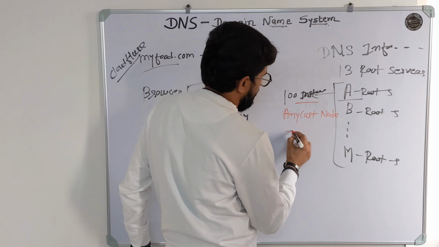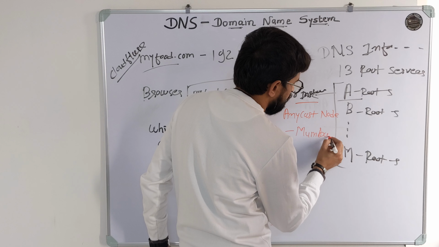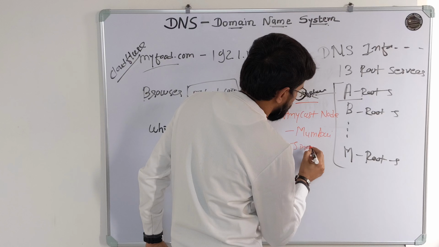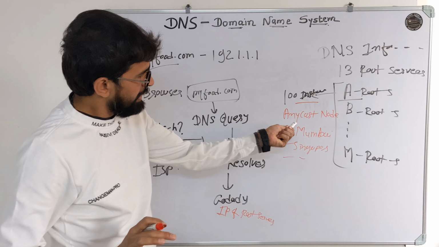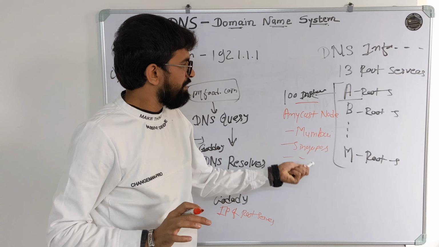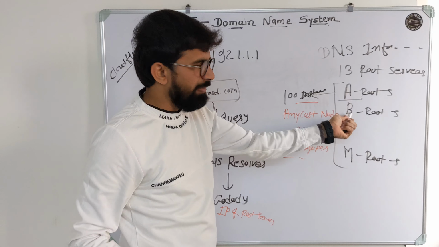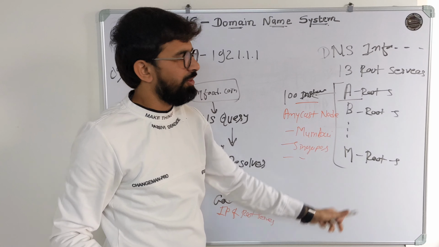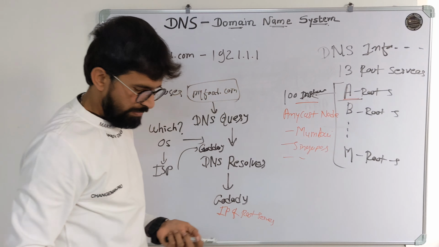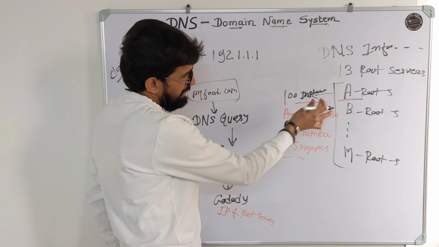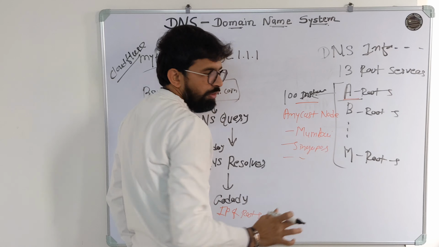Let's say one is in Mumbai, one is in Singapore, etc. These Anycast nodes are deployed at different locations so that they can serve across the world. The same thing applies for B and all the root servers. It remains the same, so we'll take the example of the A root server. That means the A root server has 100 Anycast nodes deployed in Mumbai, Singapore, etc.